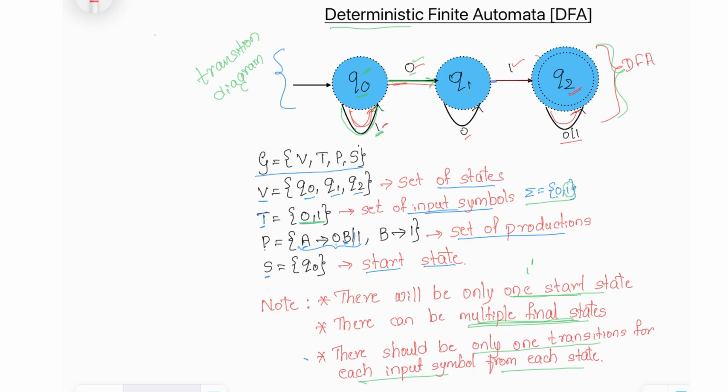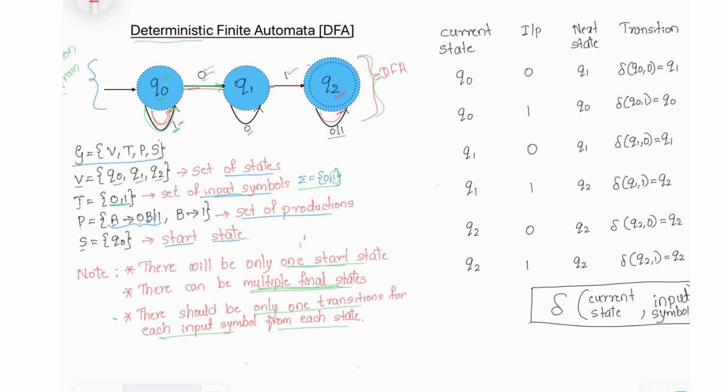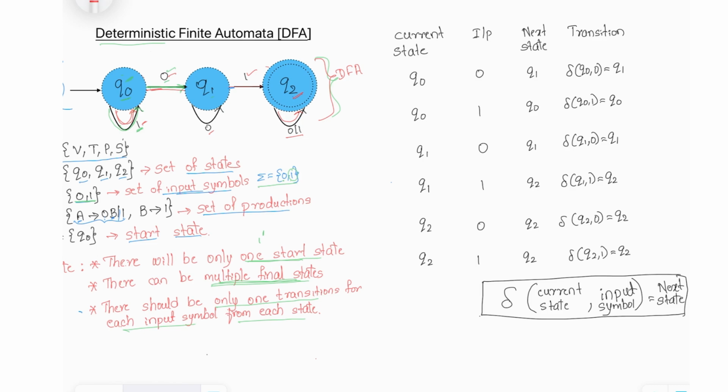Now we'll see how we are going to represent the transitions for these individual input symbols from each individual state. There are a few steps. One is the current state, then the input symbol which it is taking, and the state to which it is moving.